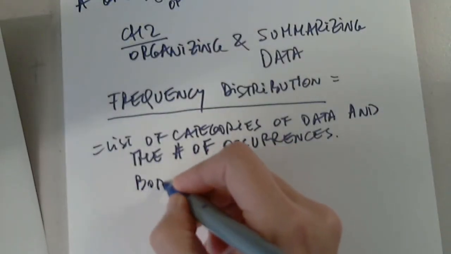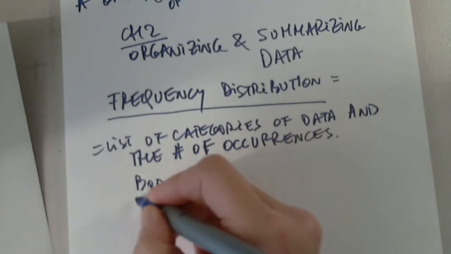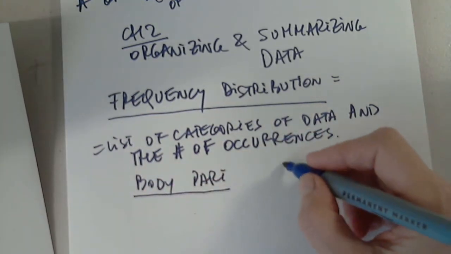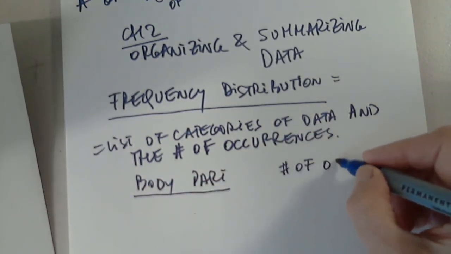We have back. So let's start with body part that needs rehab, and here the number of occurrences.